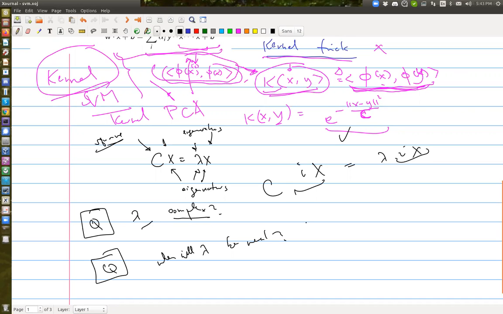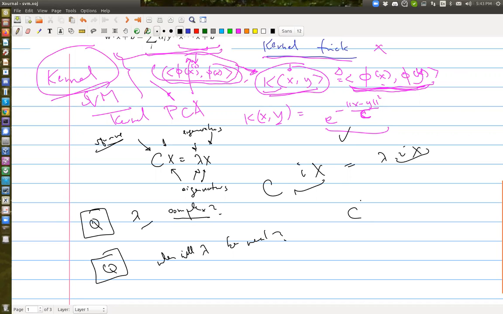Lambda is real when C is symmetric. Actually, if you consider C can be complex as well, then C should be so-called Hermitian. But don't worry about it when C is complex.